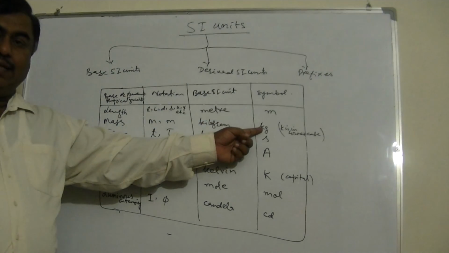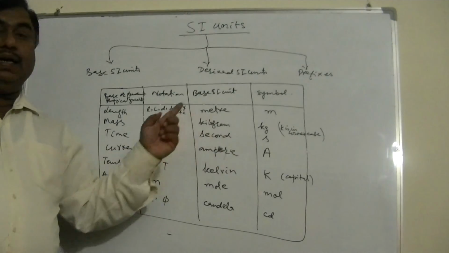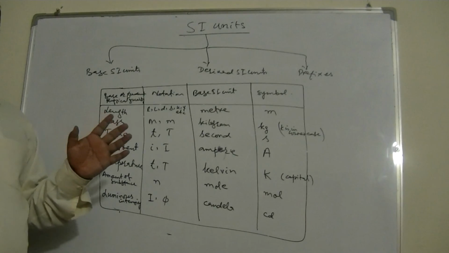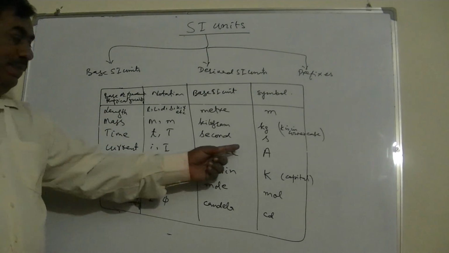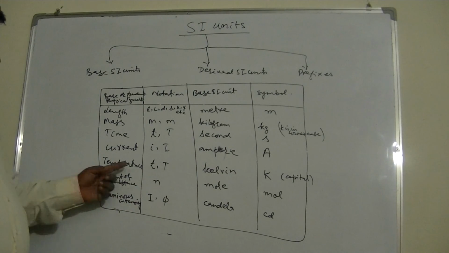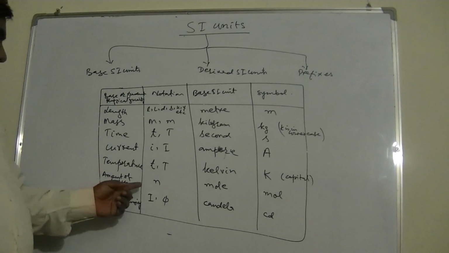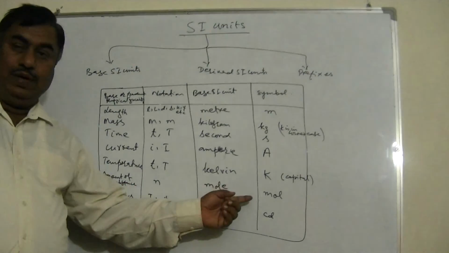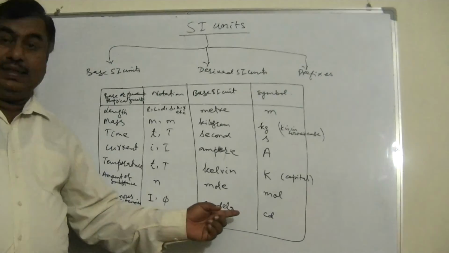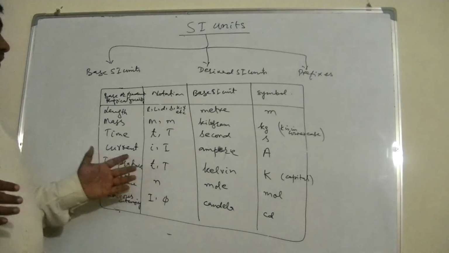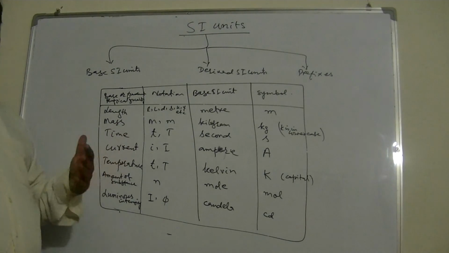K and g are together, and k is small. Then time, small t, the unit is second, small s, not capital S, as I told you already, because that is for siemens. Then current is I, capital I, the unit is ampere, symbol capital A. Temperature T, capital T, and kelvin, capital K. Similarly, amount of substance is small n, the unit is mole, and the symbol is mol. Luminous intensity is I or phi, the unit is candela, and the symbol is cd. So this is all about the base SI units. The second part will be for the derived SI units.